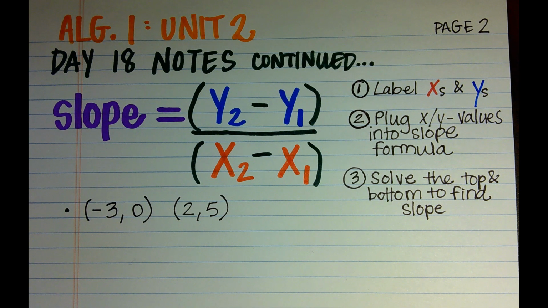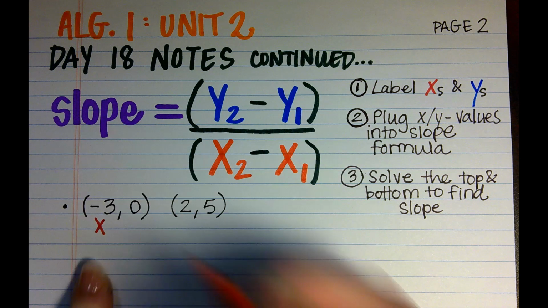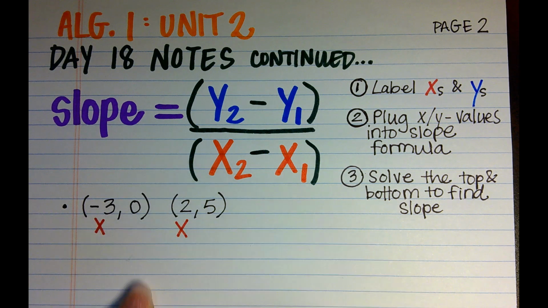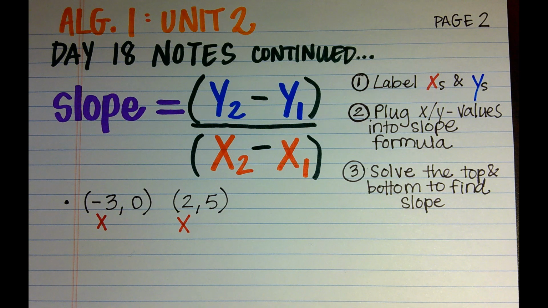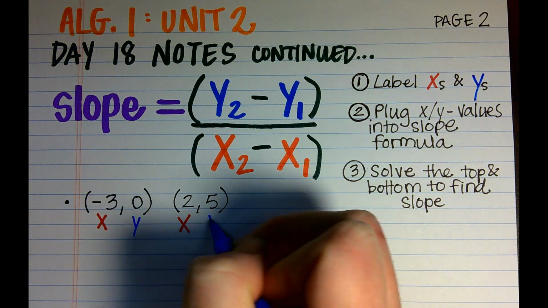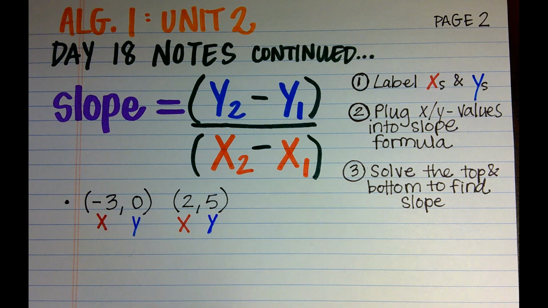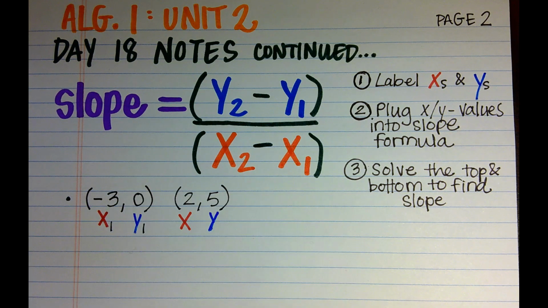And we'll label our x's first. Which numbers in these coordinates are my x values? -3 and 2. That's perfect. Okay, so what are my y values then? 0 and 5. Good. And then I'm just going to label them 1 and 2 in order. My first coordinate will be x1, y1.